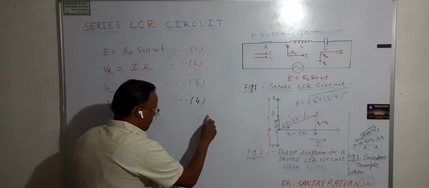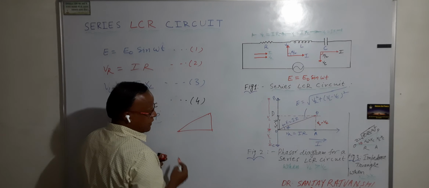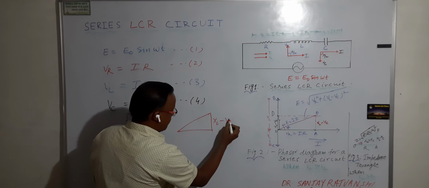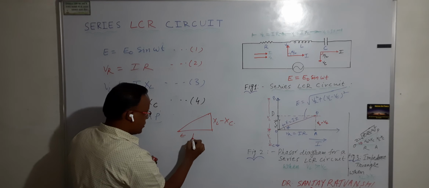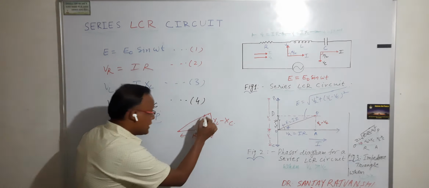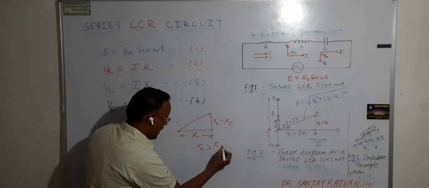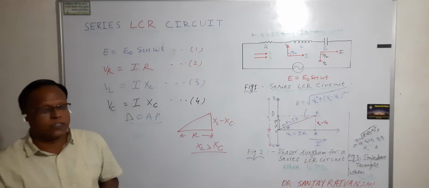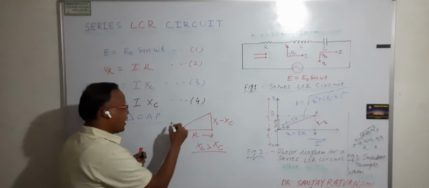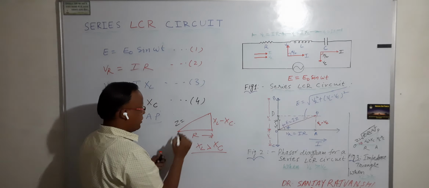So this becomes XL minus XC. So we can draw this diagram. This is your XL minus XC and this is your R. This is the case when XL is greater than XC. Remember these things. So Z comes out, again by the Pythagoras theorem, as base square plus perpendicular square.